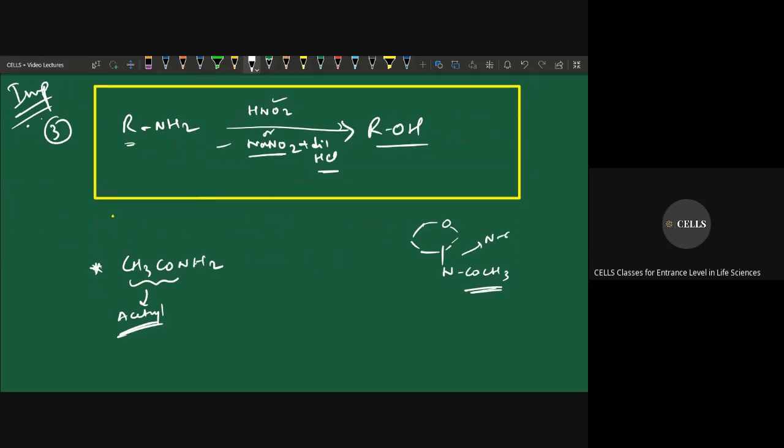It is nothing but N-acetyl glucosamine. Let's not go there, but COCH3 is the acetyl group. Now if you do this reaction, what will be the answer?